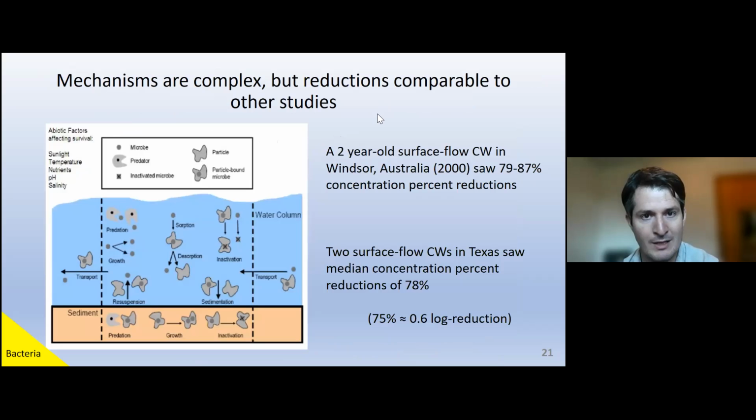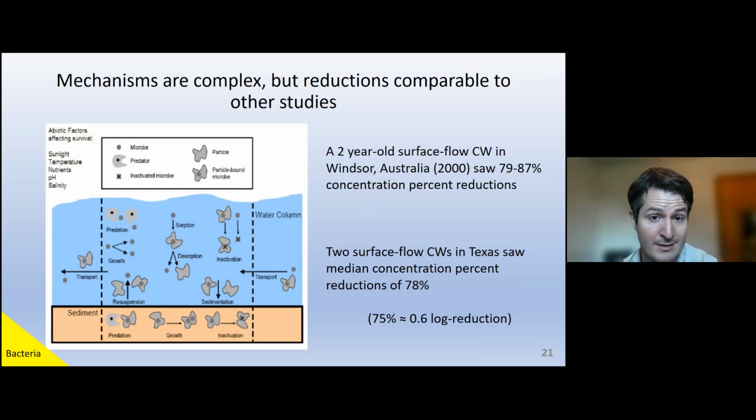So what were the mechanisms that could explain these bacteria being decreased, and how do they compare to some literature I read about other constructed wetlands and their bacteria treatment? Well, when bacteria are floating through a water column, there are a lot of different ways they can be adhered, inactivated or destroyed.